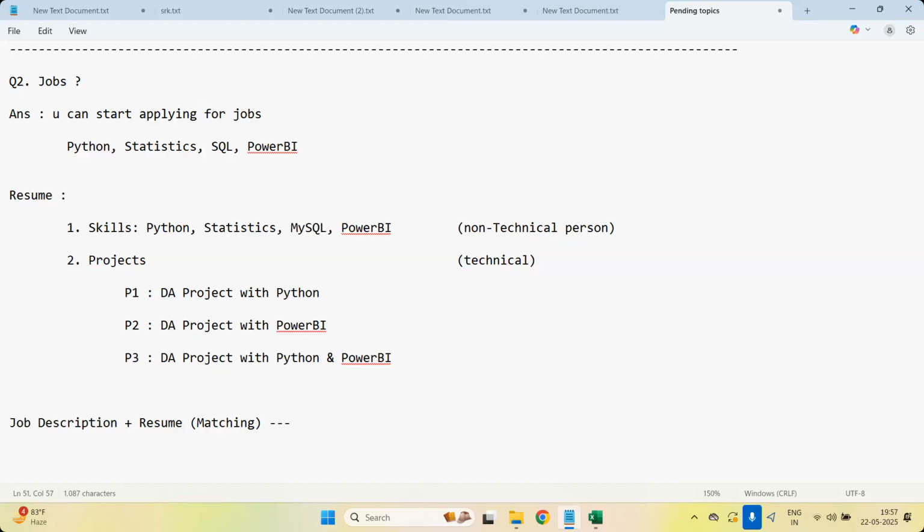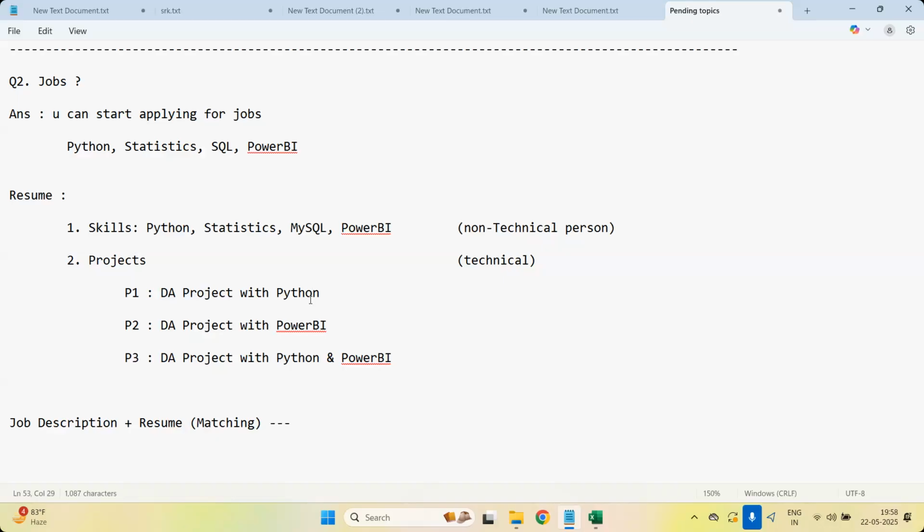Point is clear? For example, if you write one data analytics project with Python, in this matplotlib, Seaborn, I have done data cleaning. If you say like this, they know only what? Python, Power BI. Only these 2 words they know. Power BI, Python, MySQL, this. Other than that, nothing.